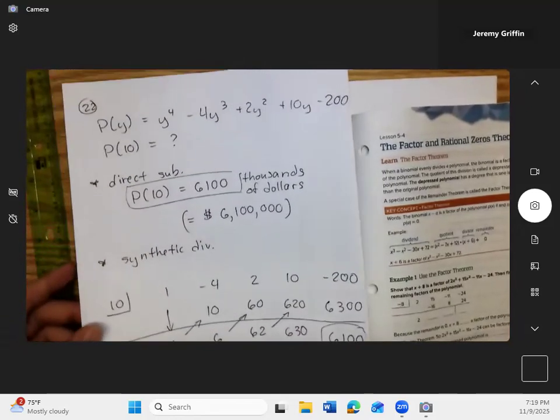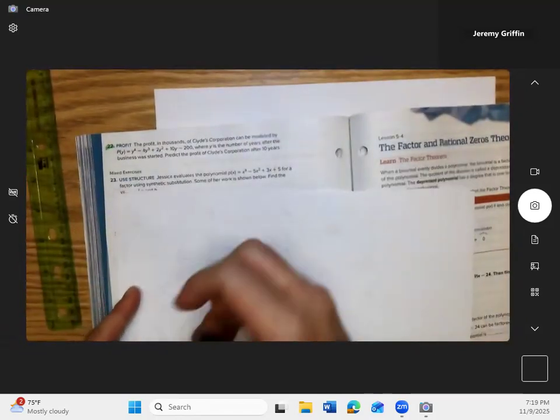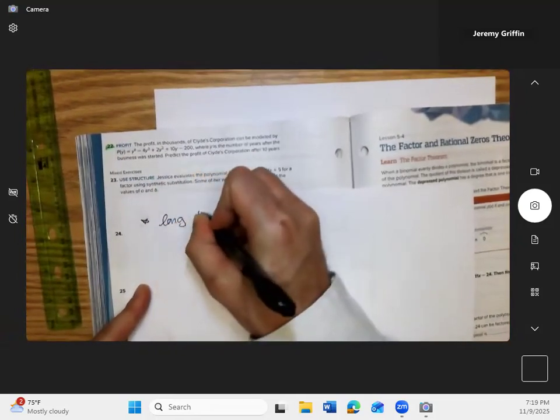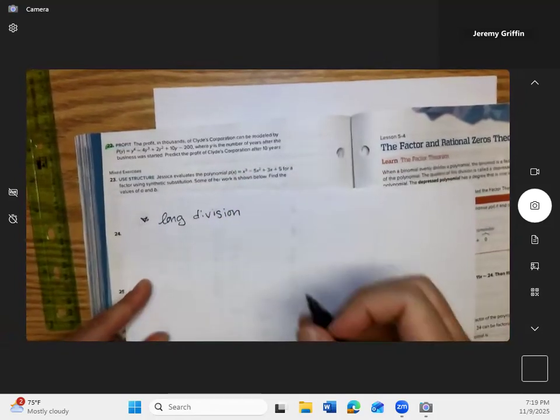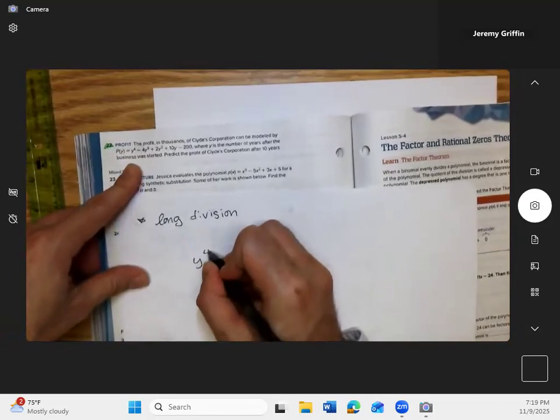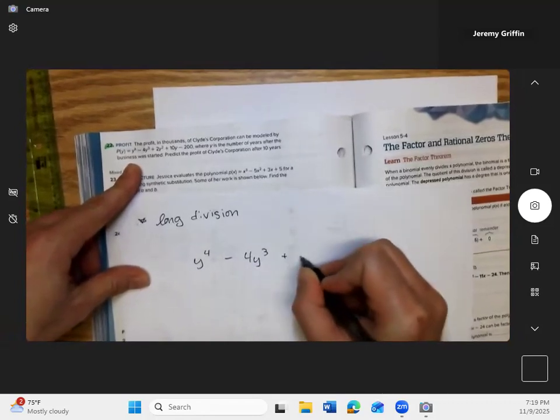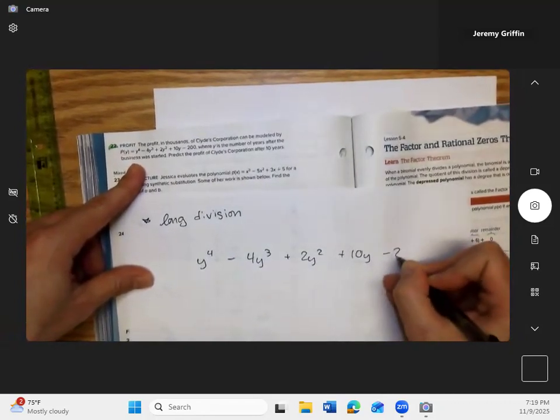Okay? All right, so one last method with you guys, which should be the same thing, is what if I do the long division? I'll go landscape on this. Let's go long division, just to fit in one more of these examples. So grab the full expression here: y to the 4 minus 4y cubed plus 2y squared plus 10y minus 200.